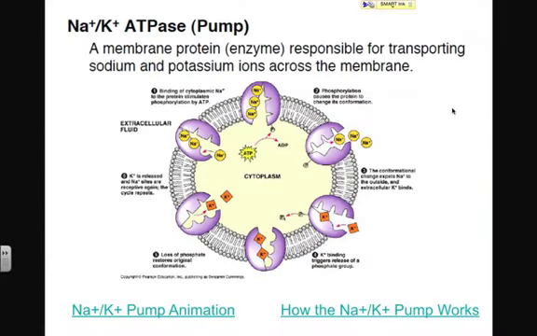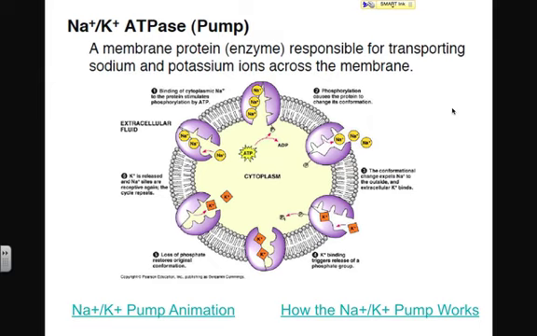Well, what's an example of active transport in action within a cell? One of the most common examples of active transport is that of the sodium-potassium pump, or the sodium-potassium ATPase. This pump works by moving sodium ions from the inside of the cell to the outside of the cell, and potassium ions from the outside of the cell to the inside of the cell.